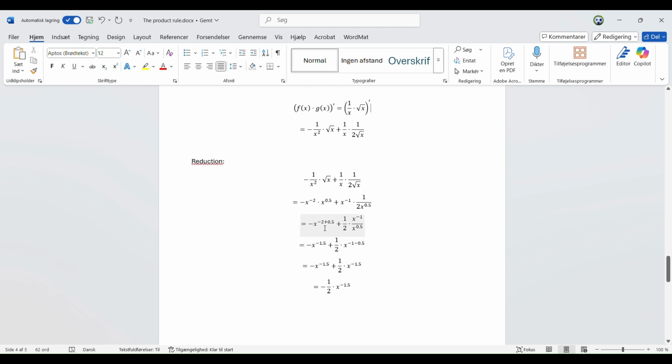And we get this result, x minus x raised to the power of minus 1.5 plus 1 divided by 2 times x raised to the power of minus 1 minus 0.5. This can be rewritten as this expression, and in the end we can see that both of these are raised to the power of minus 1.5.